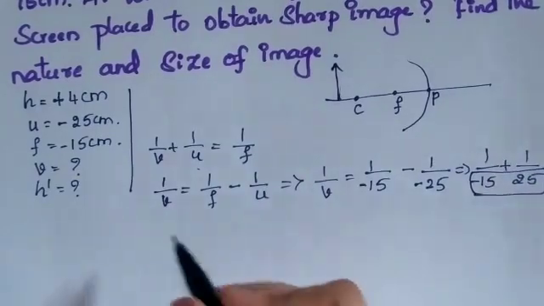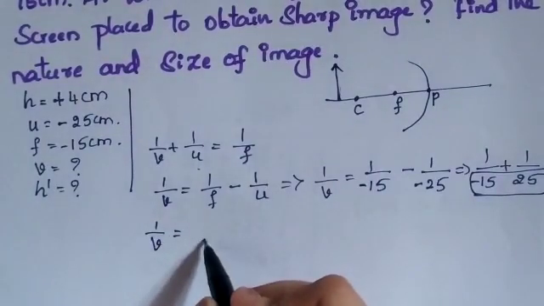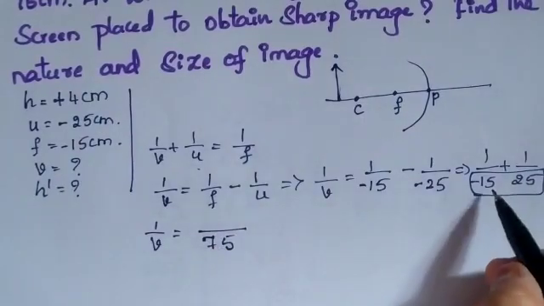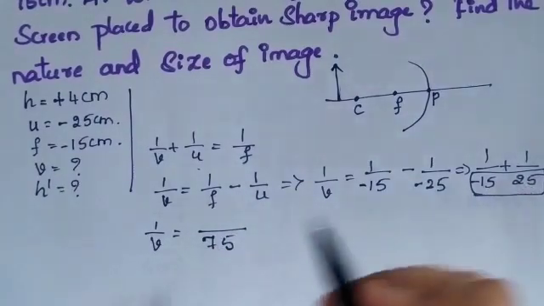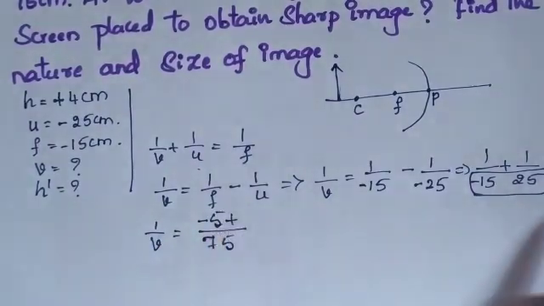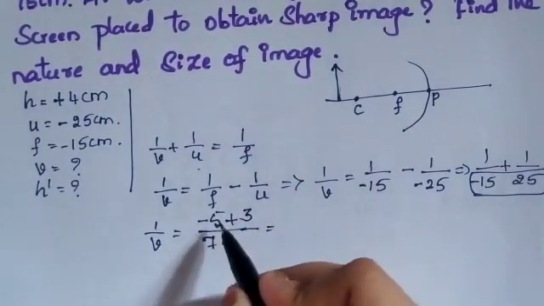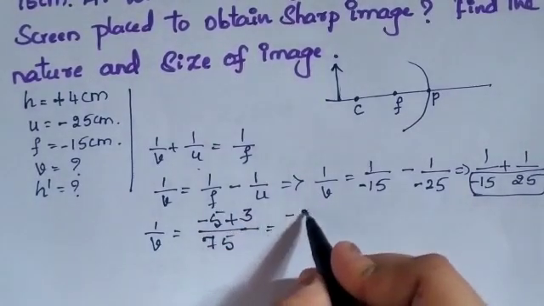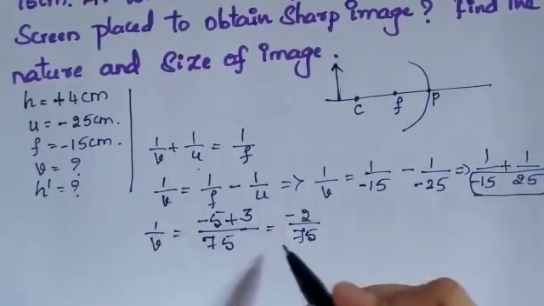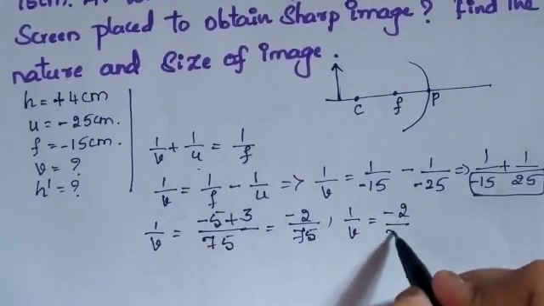The LCM is 75. 15 times 5 is 75, so we have minus 5 plus 3, because 25 times 3 is 75. Minus 5 plus 3 is minus 2 divided by 75. So 1 by V is minus 2 divided by 75.